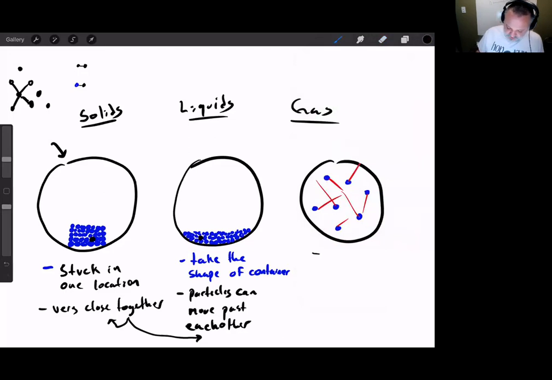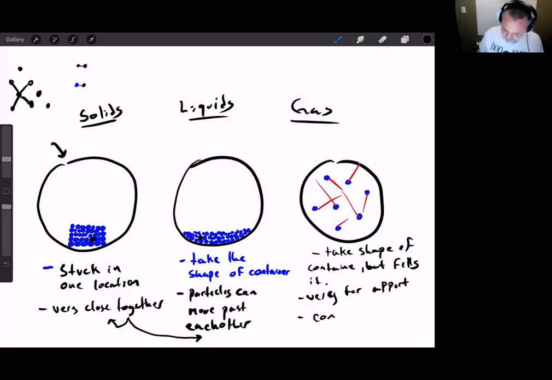Does it take the shape of the container? But fills it. They're very far apart.